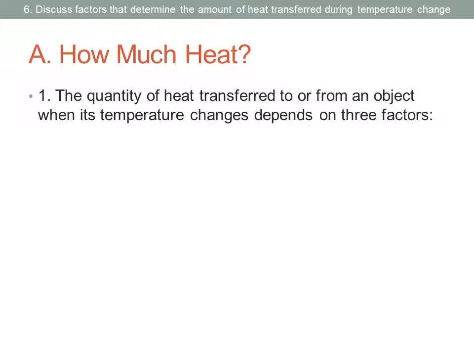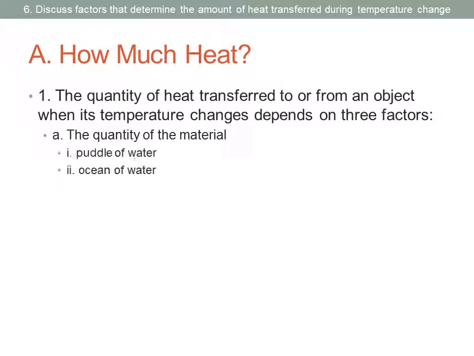It turns out that the quantity of heat transferred to or from an object when its temperature changes depends on 3 factors. The first factor is the quantity of the material, or how much is present. Just consider this.